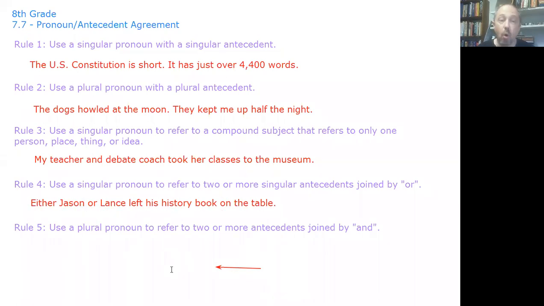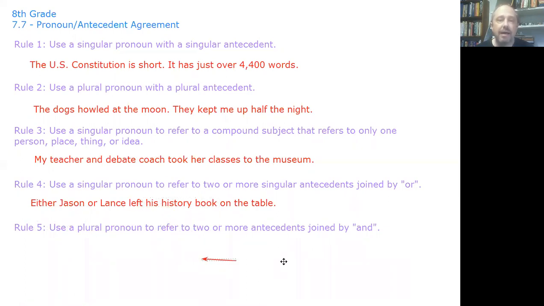Now, only one of them did this. I don't know which one, which is why I say either. But since it's only one of the two, it is singular.